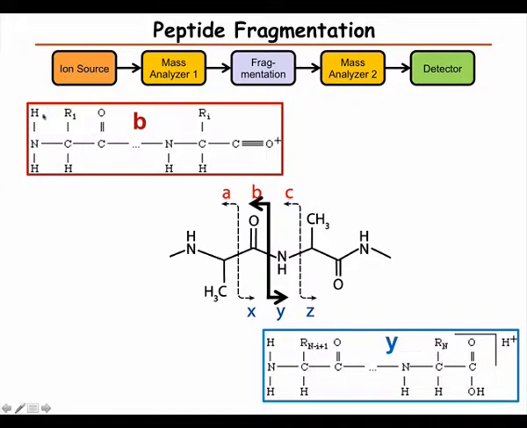The B ion has the N-terminus of the peptide, and at the fragmentation site it has a CO. The Y ion has the C-terminus of the peptide, which is the carboxylic group, and it also has an N-terminus at the fragmentation site, the same as in the peptide.